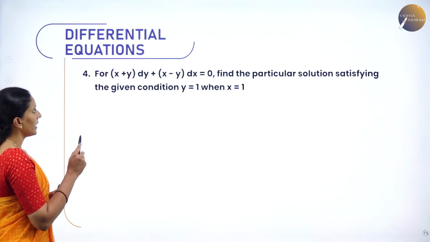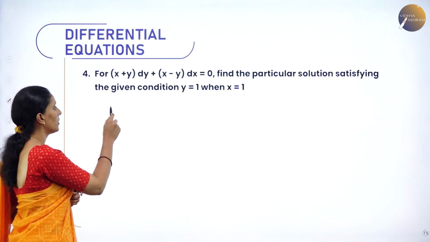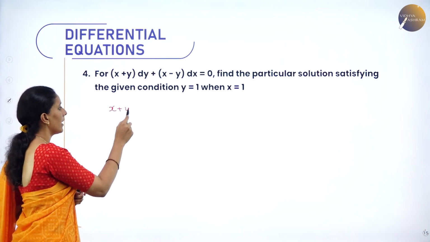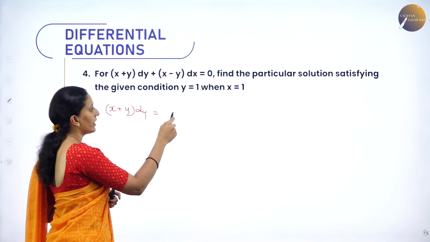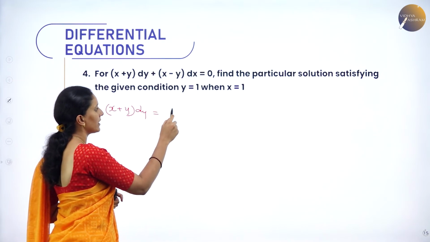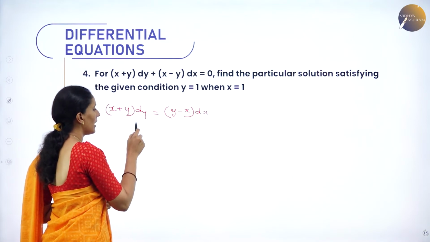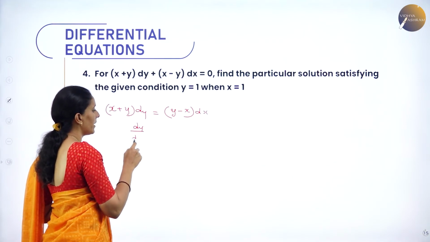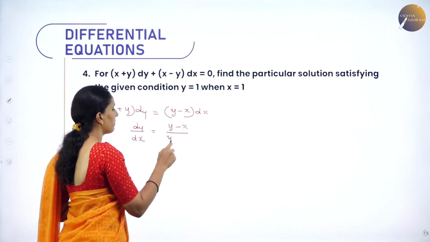So we have x plus y dy plus x minus y dx is equal to 0. So if you convert this, x plus y dy is equal to x minus y, I can take it as y minus x dx. So then I'll get dy by dx in the form of y minus x by y plus x.